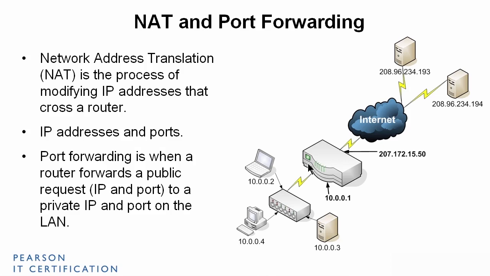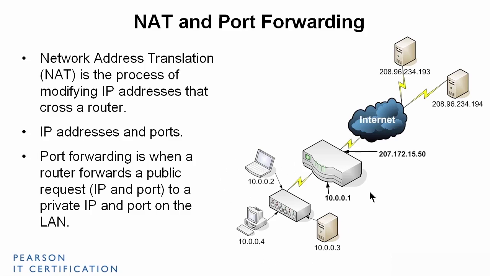Now let's talk about port forwarding. Port forwarding is when a router forwards a public request, an IP and a port, to a private IP and port on the LAN. So let's say there was a user out here who wanted to connect to a special server that was running here on the LAN, but you don't want to have the whole LAN be compromised.